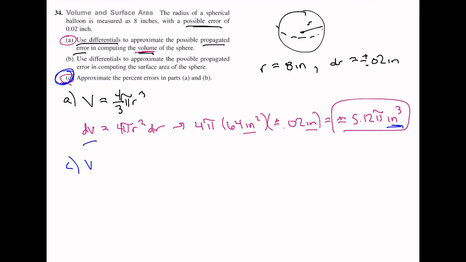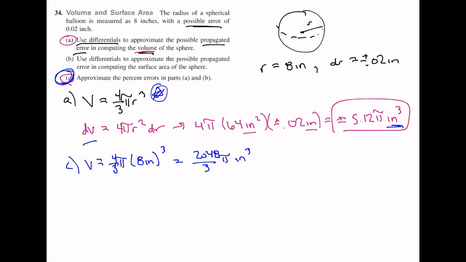Alright, well the volume of the sphere is supposed to be 4/3 pi times 8 inches cubed. I'm just using the original formula up here. You can work this out and you will get 2048 thirds pi, and again that's cubic inches.